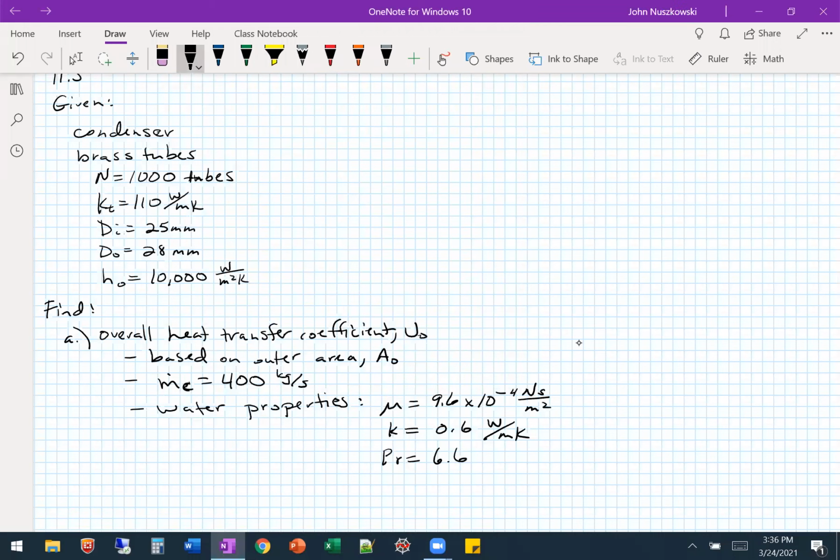All right, now part B says, let's now get the overall heat transfer coefficient again, but this time we have it with fouling.